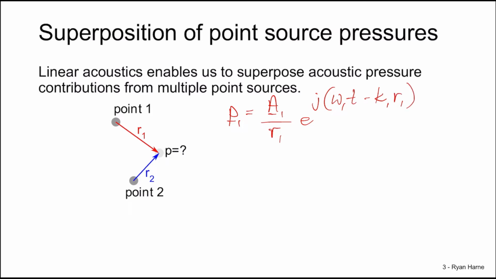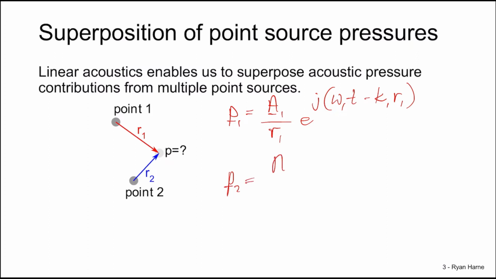We use both omega 1 and k1 because they may, for instance, have distinct frequencies and wave numbers compared to the source 2. So source 2 has acoustic pressure contribution P sub 2.